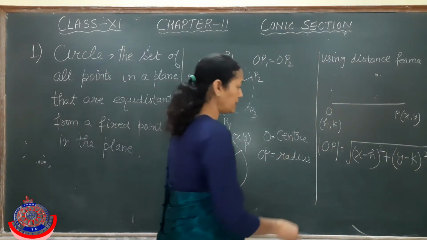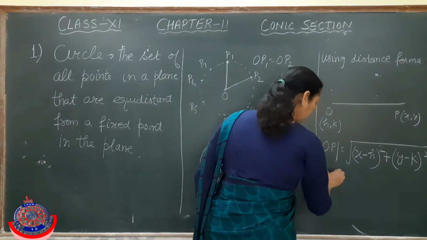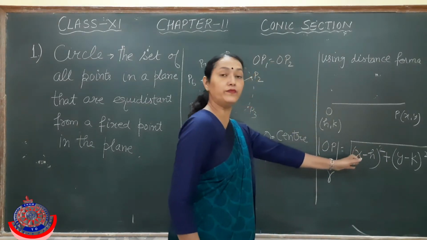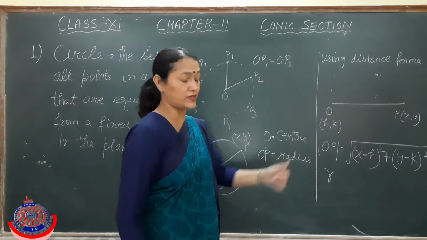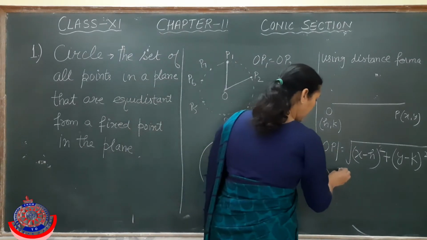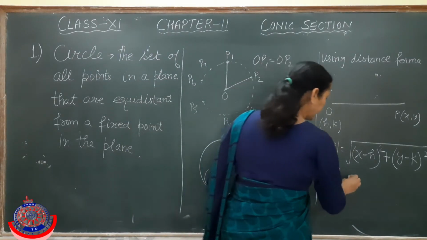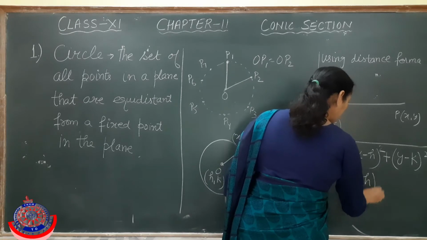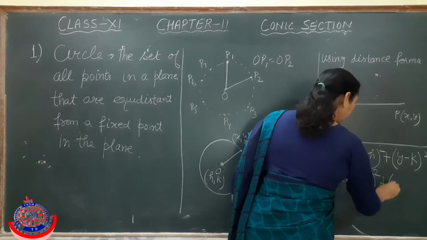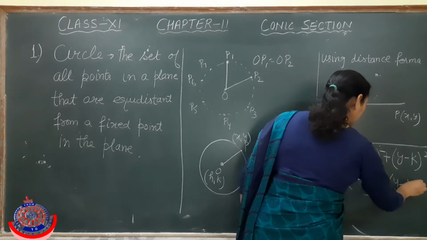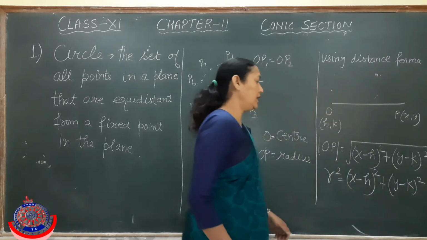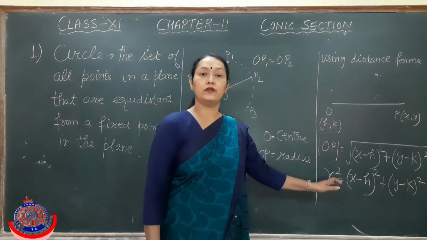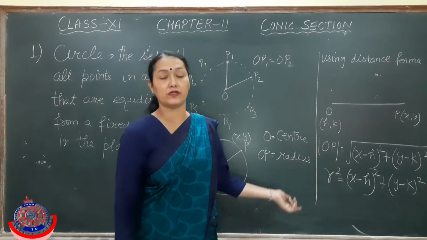So here we can write radius equals to that, and if we take square both sides, squaring both sides, we will be getting r square equals to (x minus h) whole square plus (y minus k) whole square. So this relation is called equation of the circle.